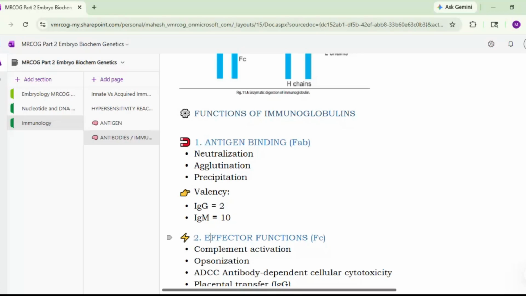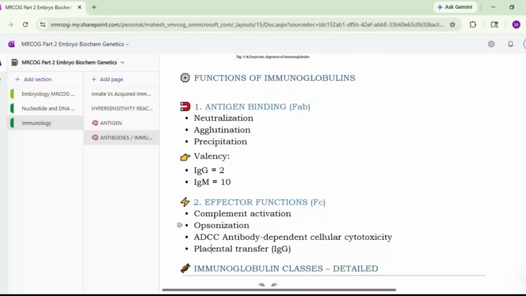Okay, then another function of antibody is the effector function. This Fc fragment is responsible for the effector function. Once this antigen antibody complex is formed, after that there may be complement activation, there can be opsonization, there can be ADCC, that is antibody dependent cellular cytotoxicity, and there can be placental transfer.